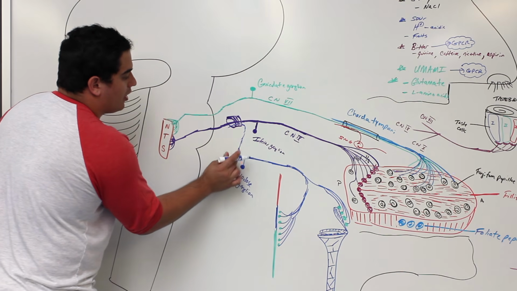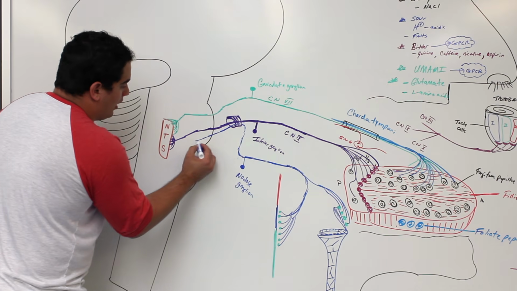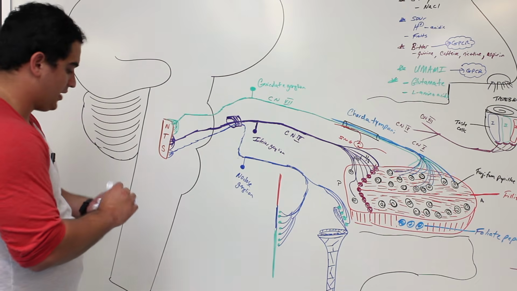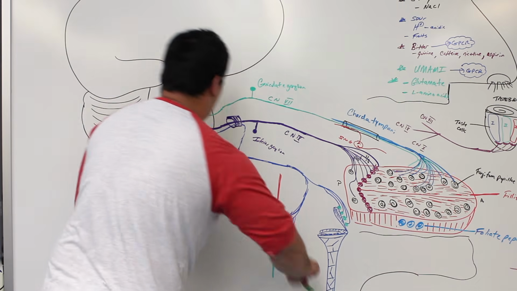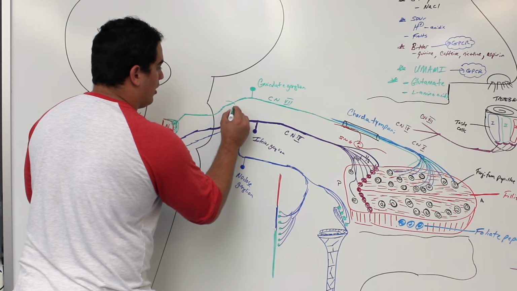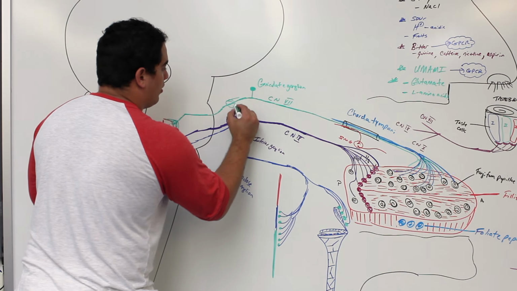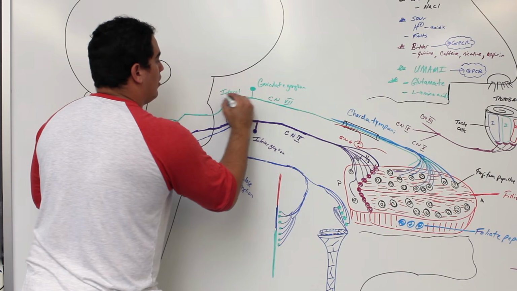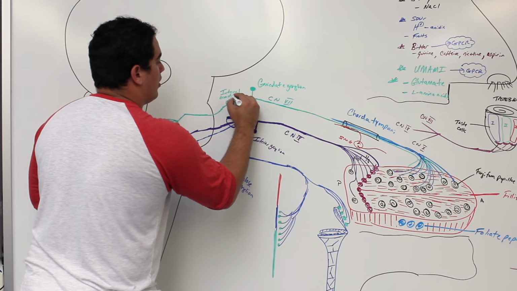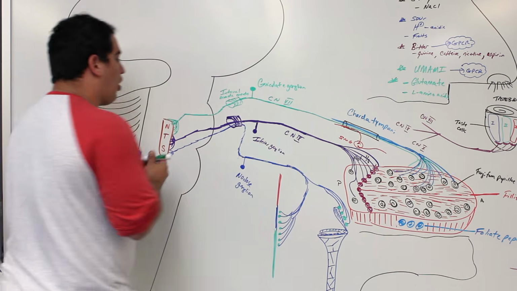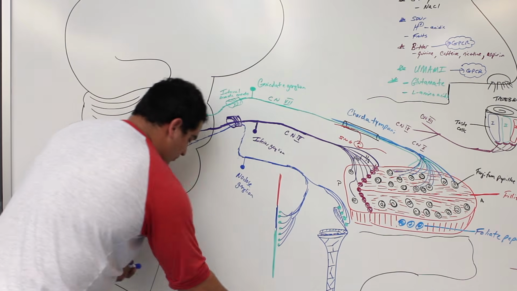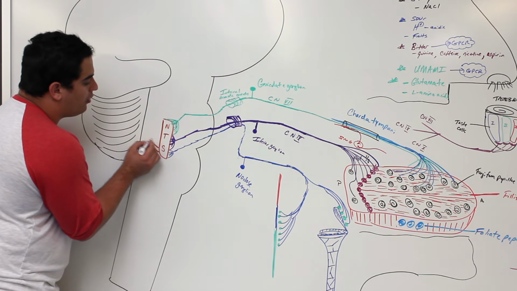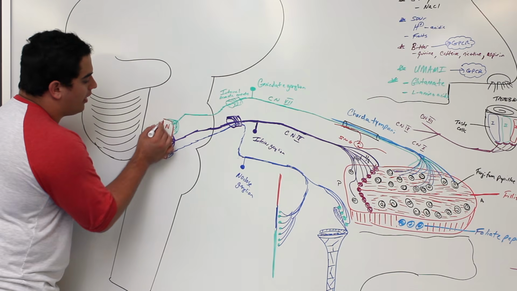And when it moves through the jugular foramen, it'll actually come into the medulla, and it'll go to the nucleus of tractus solitarius. And since we're being picky here with all these darn holes, this will actually go through the internal acoustic meatus.